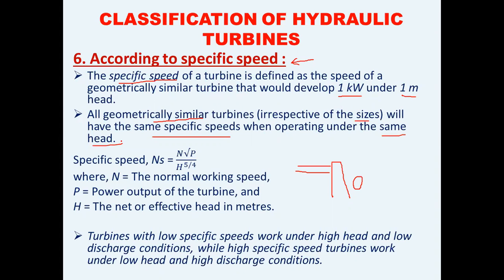If you have a turbine of a small size and a turbine of a large size, but they are geometrically similar, then the specific speed of rotation of both the turbines will be similar under the same head. That is nothing but your specific speed.